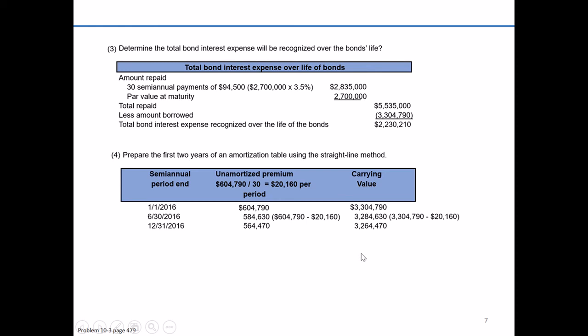Eventually, at the end of the 15 years, very last period, our carrying value declines down to $2,700,000. Again, an unamortized premium is going to decline over time as we take a little bit of a chunk away. The premium adds to our bonds payable in order to calculate carrying value, and over time our carrying value declines down to par value.